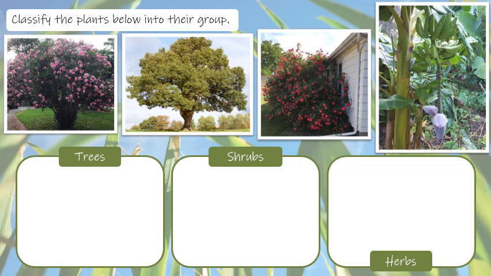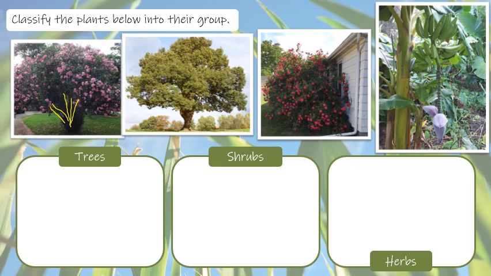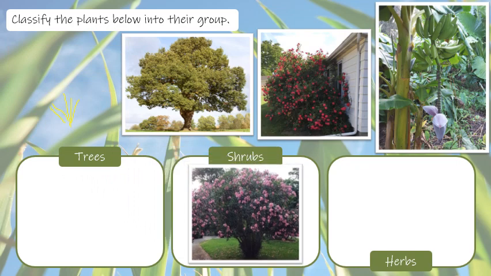What about looking at the stems of this plant? This plant, as you can see, has many woody stems. And we can tell that it doesn't have a very large size, which means that this plant belongs to the shrubs group. Good job. This is a shrub.